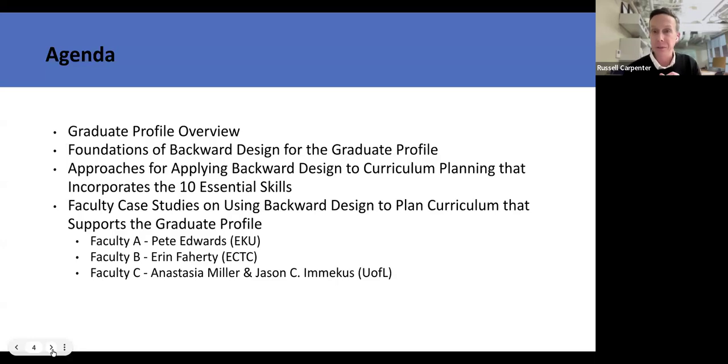Then we'll move into several faculty case studies, which will showcase the ways that you can implement backward design to plan curriculum and to support the graduate profile work at your institutions. Pete, Aaron, Anastasia, and Jason will share some perspectives to give you a sense of what backward design looks like when you are implementing the essential skills and, of course, designing courses to teach and support student learning of those essential skills.